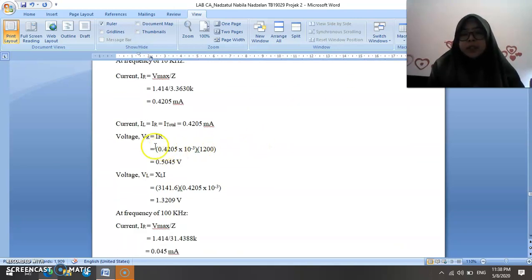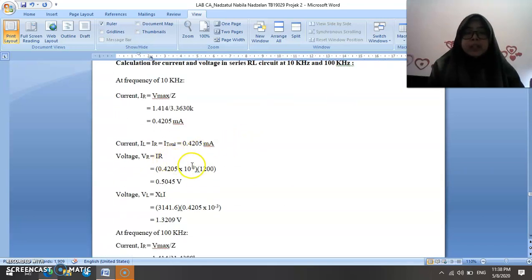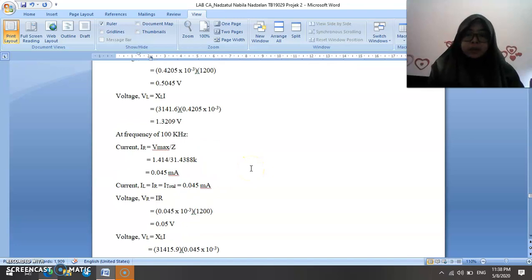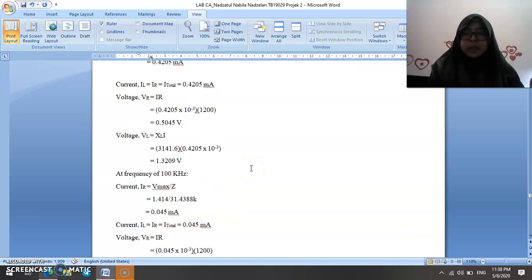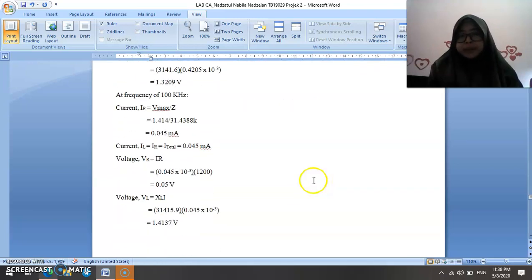Meanwhile, for voltage, I use the Ohm's law formula to calculate the voltage values. For series, the current was the same, which is IL equals IR, and the total was 0.4205 mA.